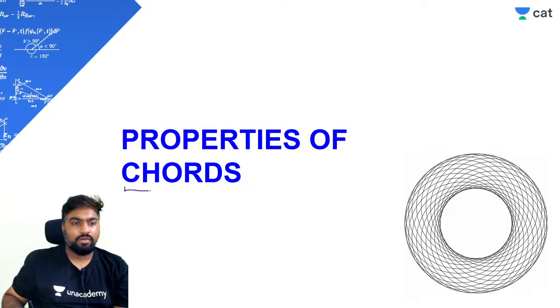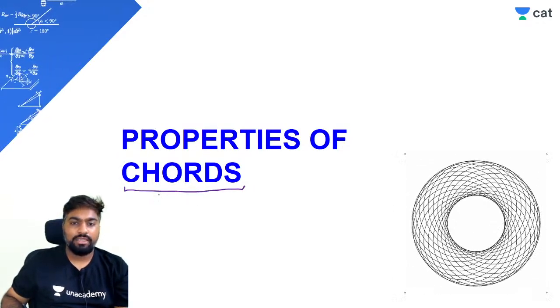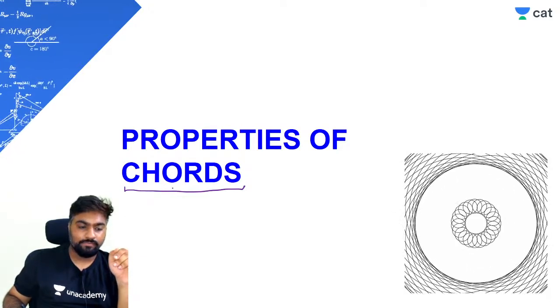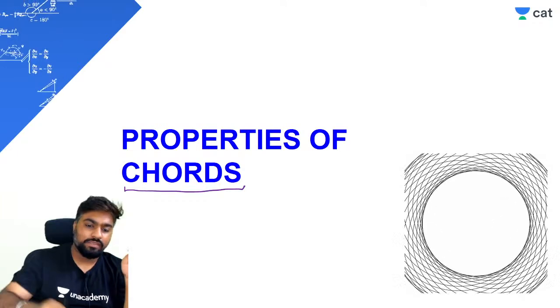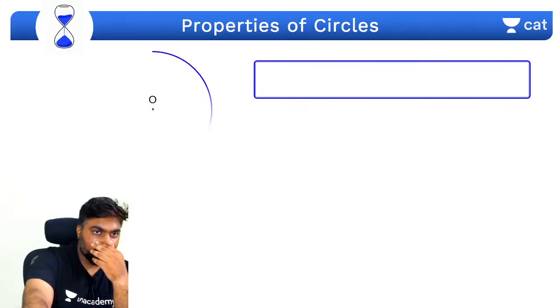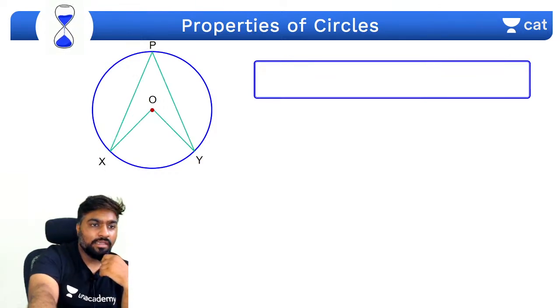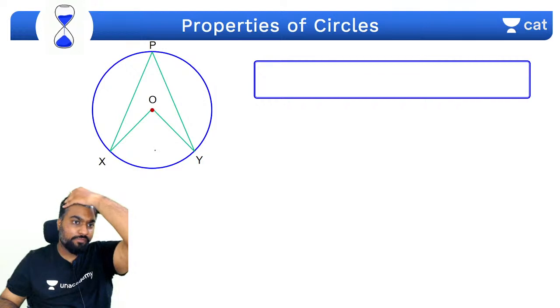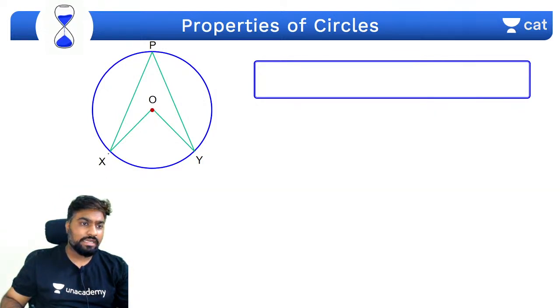What did I say is a chord? Chord is a line segment that joins any 2 points on the circle. Yes, a line segment that joins any 2 points on the circle, right? The property of a chord for this circle here. If I draw 2 chords starting from the same point and them forming 2 triangles, right? 2 sectors.